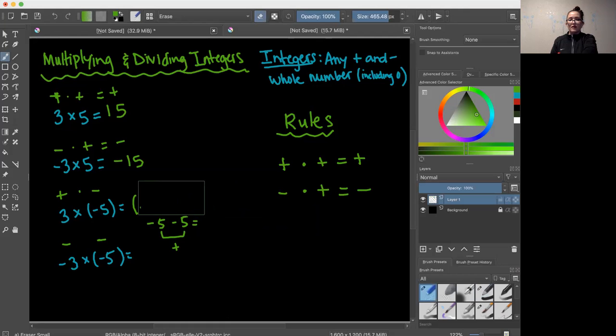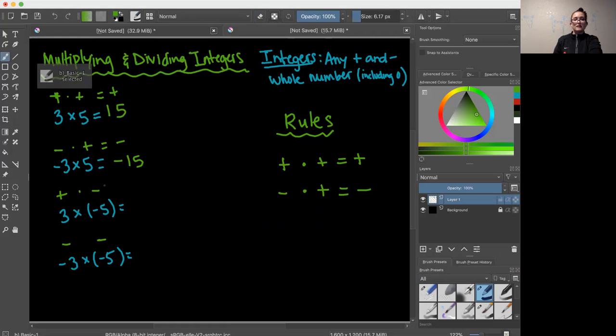So I know that my solution, when I have a positive times a negative, it's going to get me a negative solution. So a positive times a negative is just going to get me a negative, okay? So the last rule, and I can write my answer here, we have negative 15.